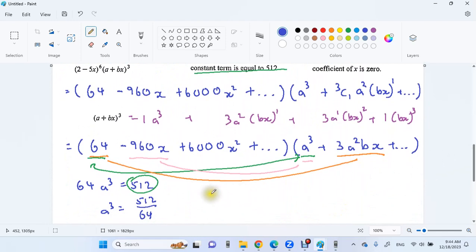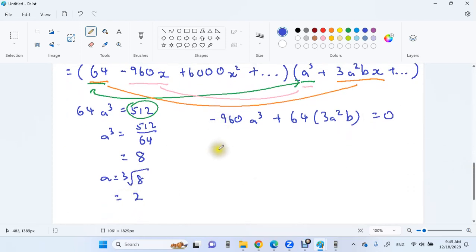So we have negative 960 a cubed plus 64 times 3a squared b equal to 0. Since a is 2, we substitute a equal to 2 here.